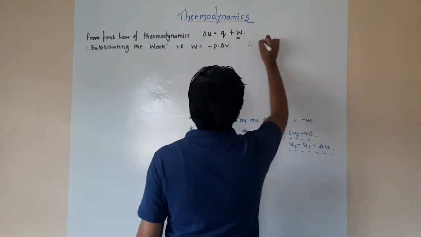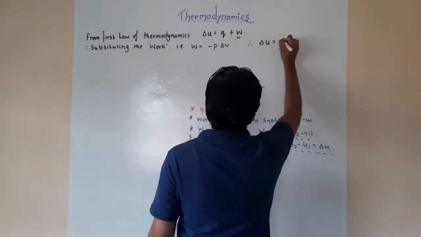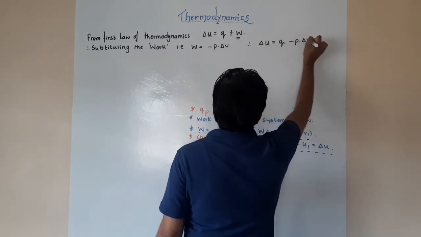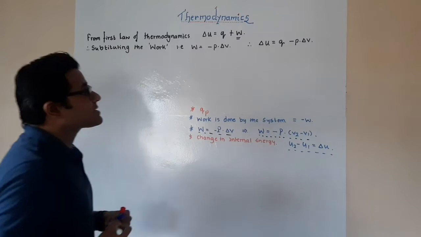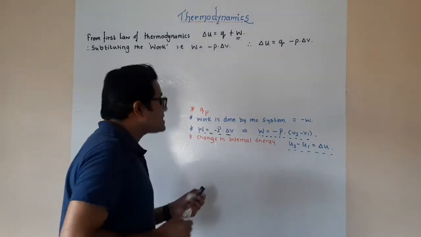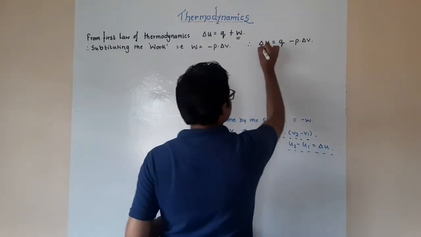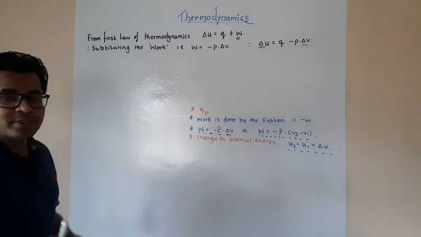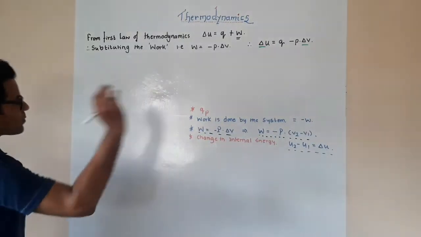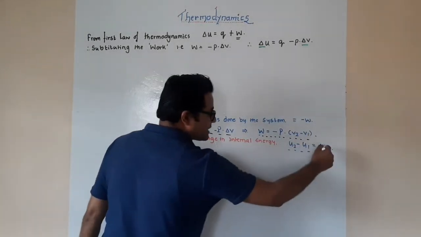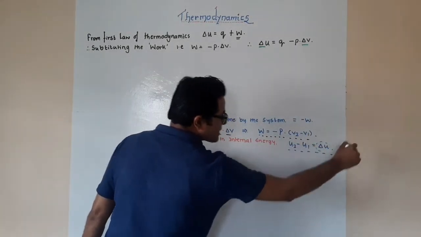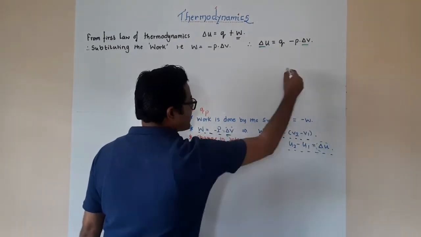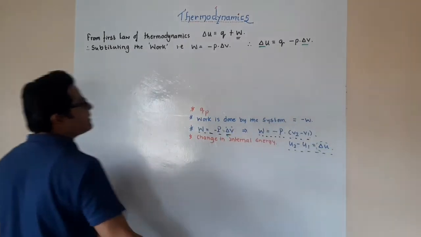So delta U is equal to Q minus P into delta V. Now let's observe the change in internal energy and the change in volume, that is delta U and delta V, which is V2 minus V1.